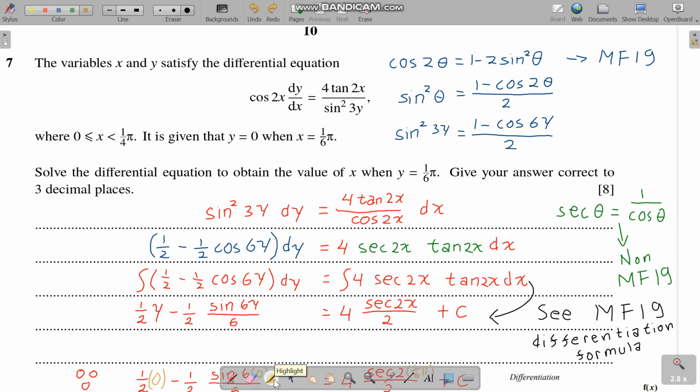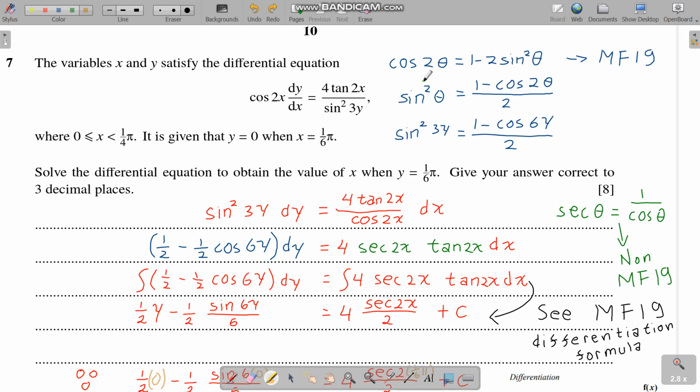In the MF19 you have this formula. If you rearrange it, you move this to the left, you get 2 sin squared theta, and you move this to the right, you get minus cos 2 theta, and then you divide by 2.